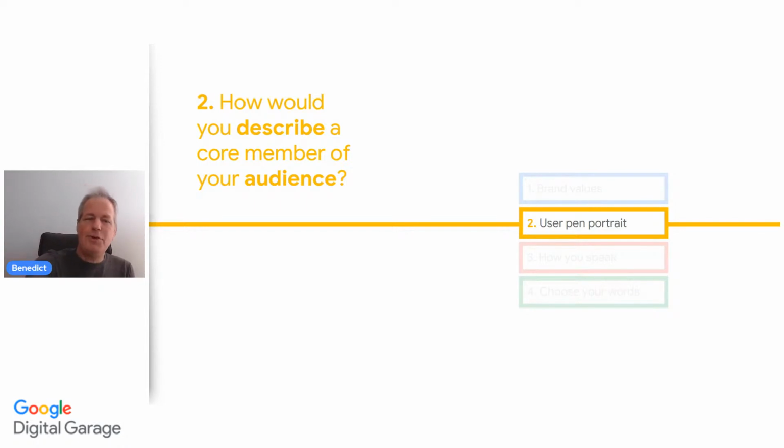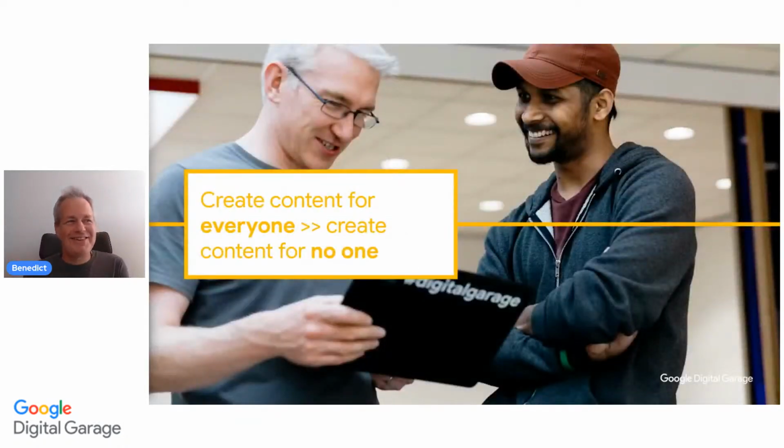Okay, here's the quotation I mentioned before, which is: create content for everyone, create content for no one. You've got to really work out who you're actually targeting. Now, for example, if you really dig deep, you can normally begin to paint a picture of your average user for the main clients.